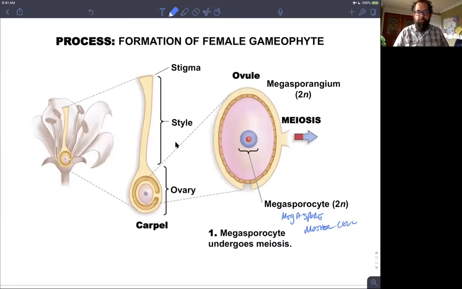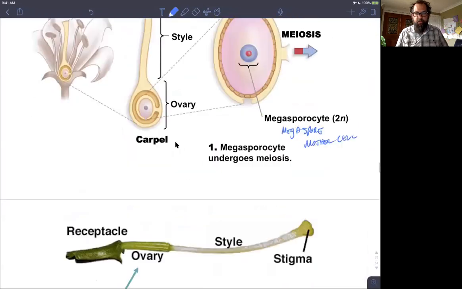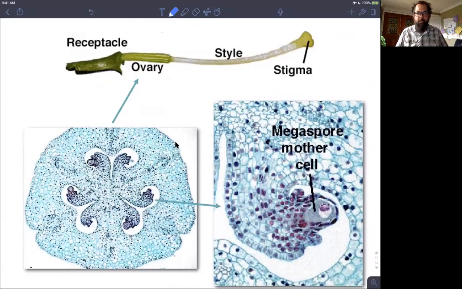Just because we have these drawings, I'm going to go back and forth between these diagrams and these actual prepared slides of cross sections. So here's an ovary cross section, and we can see an ovule, a developing ovule in section, and see that megaspore mother cell as part of that development.